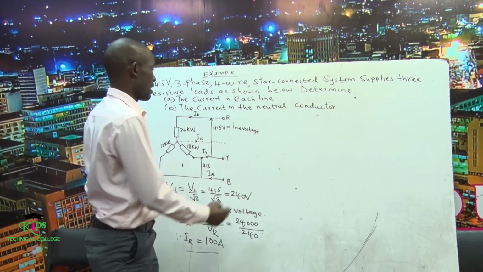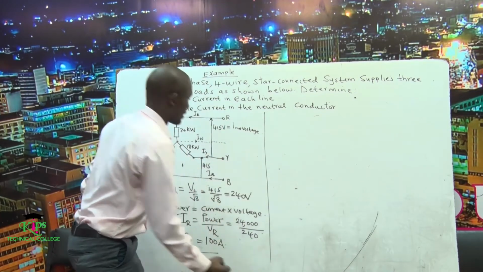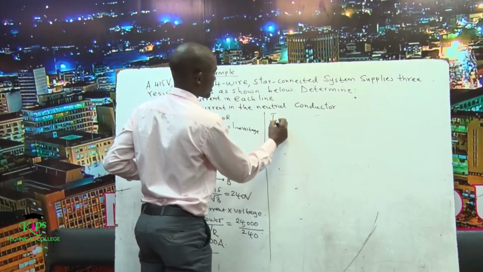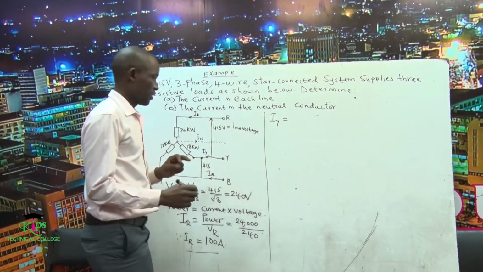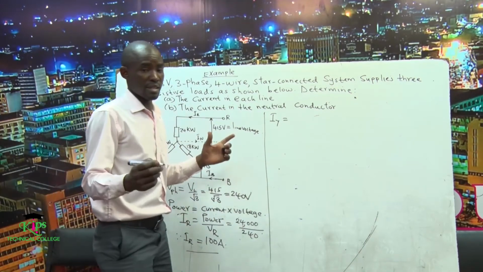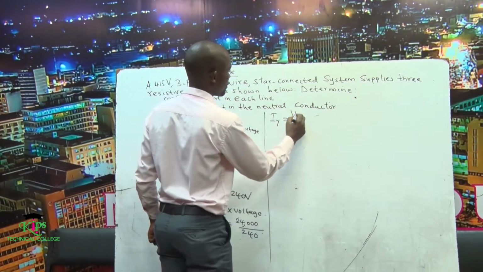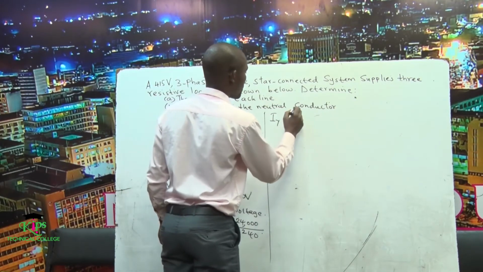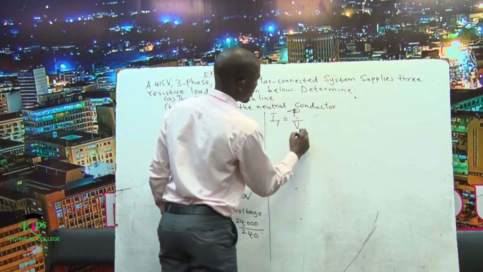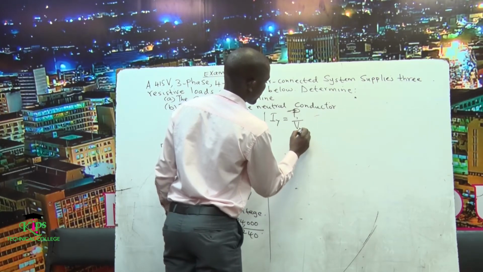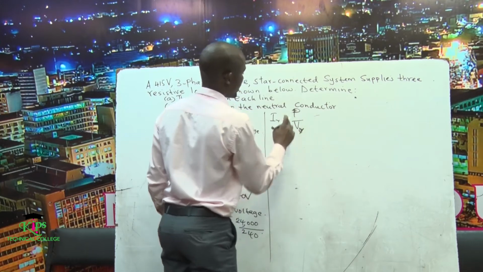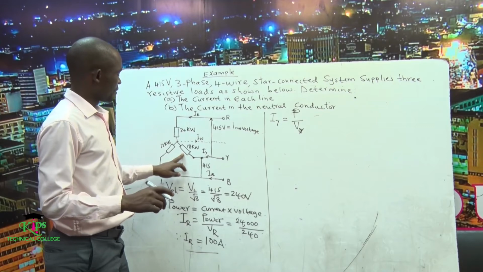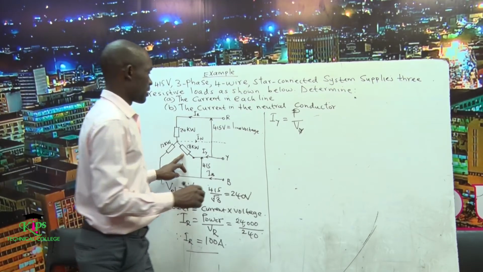The second step is to get the current across the yellow phase. Remember we have said the voltage is the same. So we take the power across the yellow phase divided by the voltage.